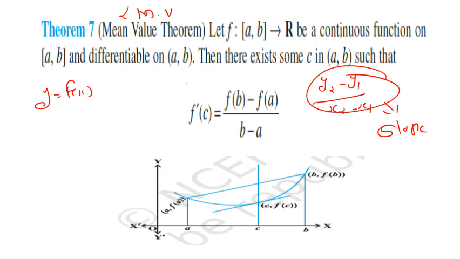So f dash c, that means the derivative of the function at the point c, is equal to the slope of the line joining (a, f of a) and (b, f of b). That means the slope of a line is y2 minus y1 by x2 minus x1. So the mean value theorem is like this only.